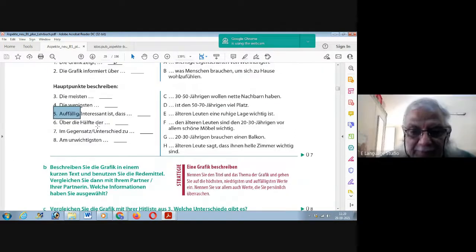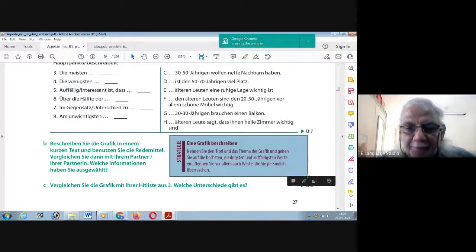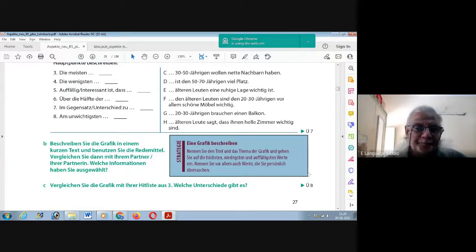So try to use this, and then how do you go around describing a graphic? Da gibt es eine Strategie. Nennen Sie den Titel und das Thema der Grafik. Und gehen Sie auf die höchsten, niedrigsten und auffälligsten Werte ein.